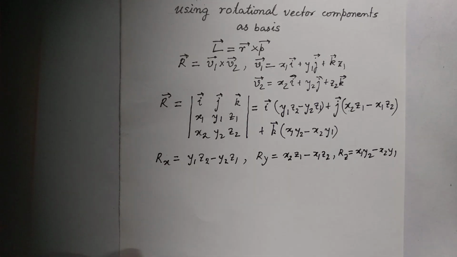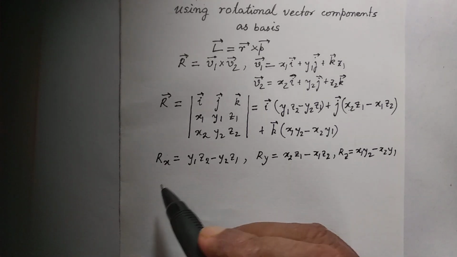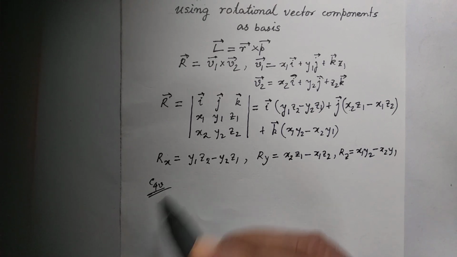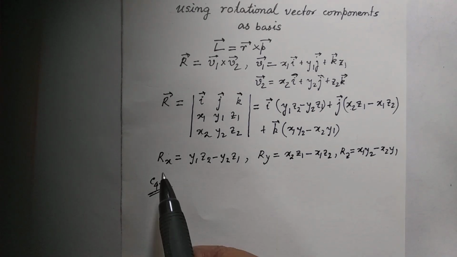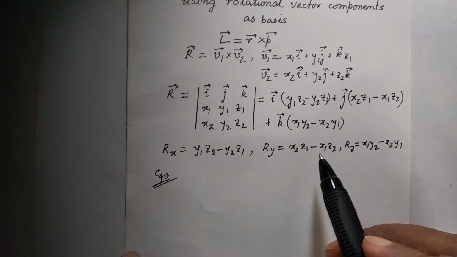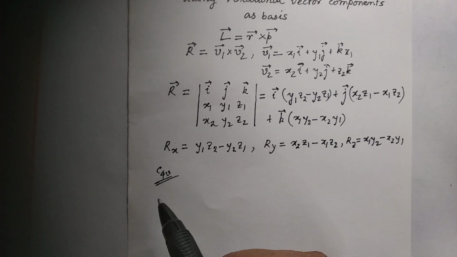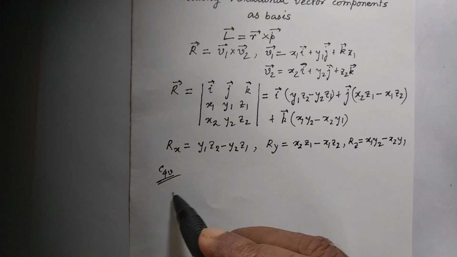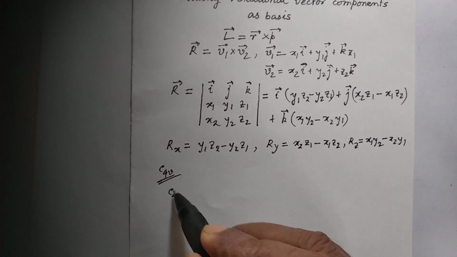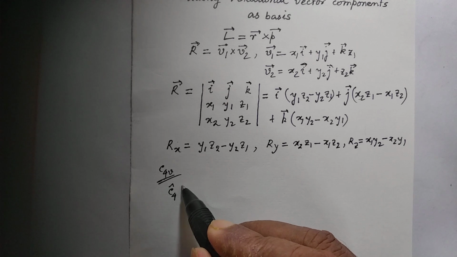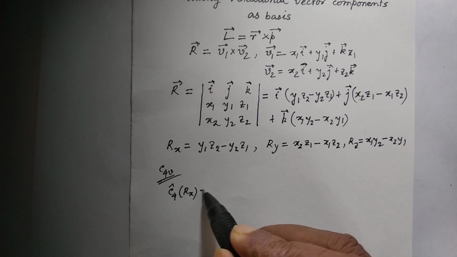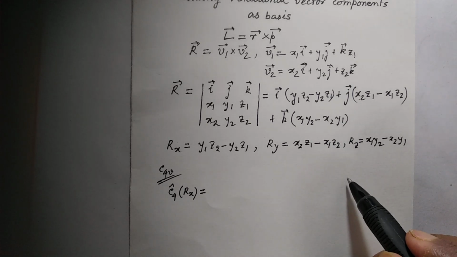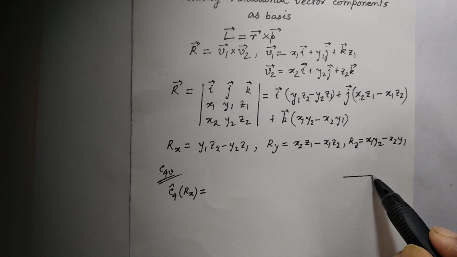Now, if we apply the symmetry operators of C4v on these components separately, let us examine what happens. What happens if the C4 operator is applied on Rx? For the point group C4v, the coordinate system is like this.